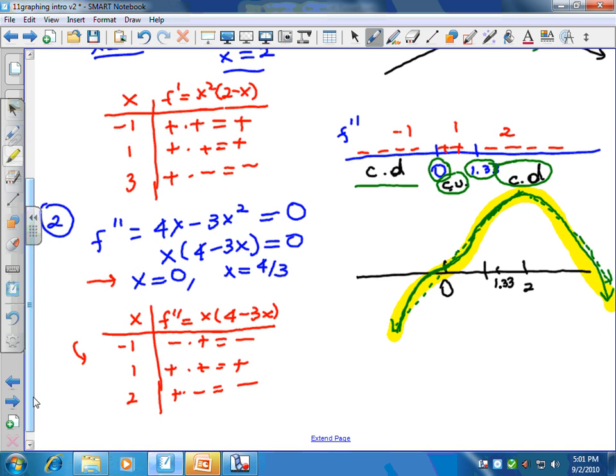So let's list all the important points. There is a relative max at the point x equals 2. There is no relative min. The function is concave up only in this region, between 0 and 1.33 roughly.